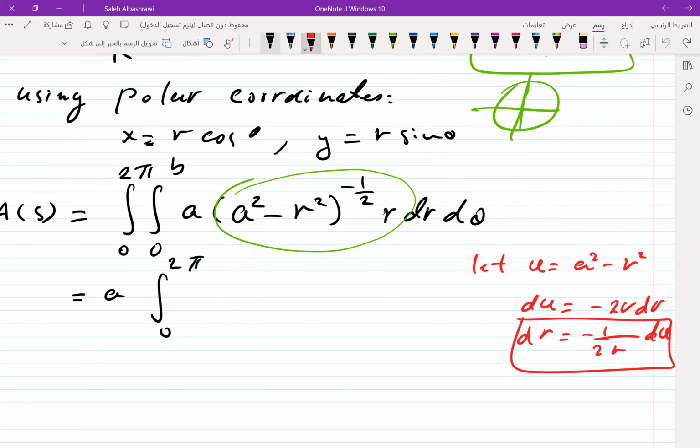And we will get, the integration will give me, minus a squared minus r squared to the power 1/2 from 0 to b, d theta. Now evaluate the integration.